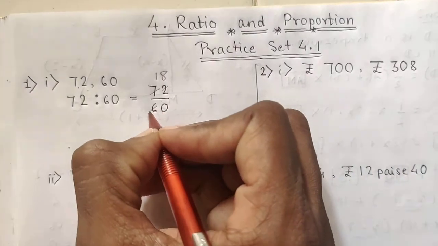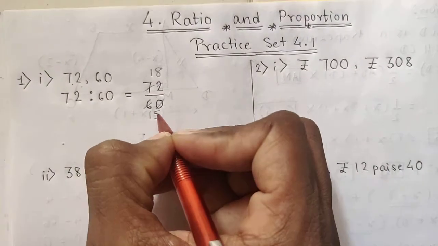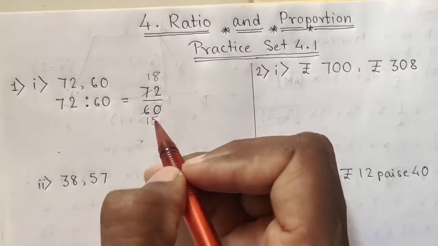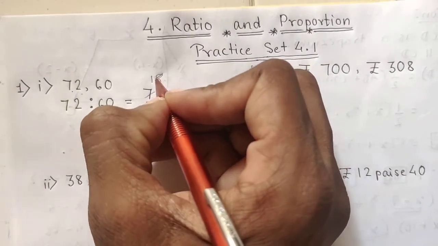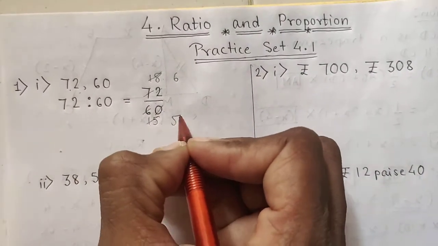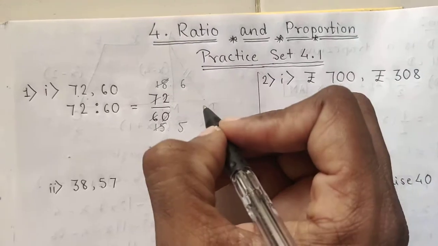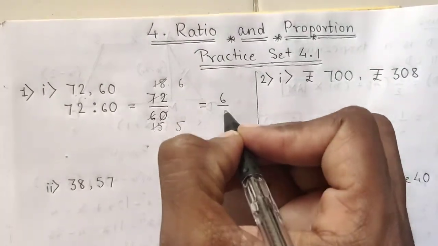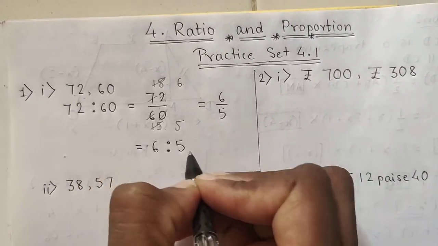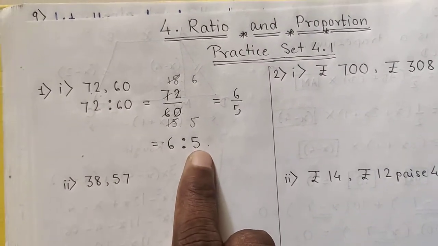Again do the cancellation by 4: 4 ones are 4, 2 is remaining here, 20, so 4 fives are 20. So what is remaining here? 18 upon 15. Again you can do the cancellation by 3. 3 sixes are 18 and 3 fives are 15. So finally what you got? 6 upon 5. So we can write our answer as 6 is to 5. So the reduced form of this ratio is 6 is to 5.